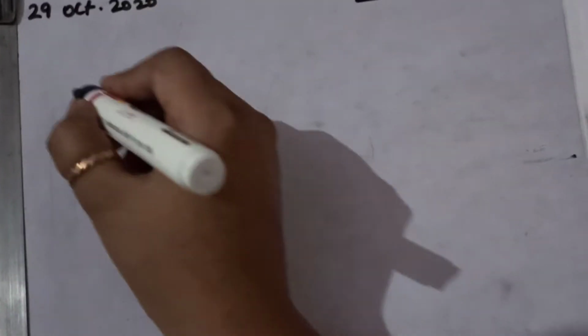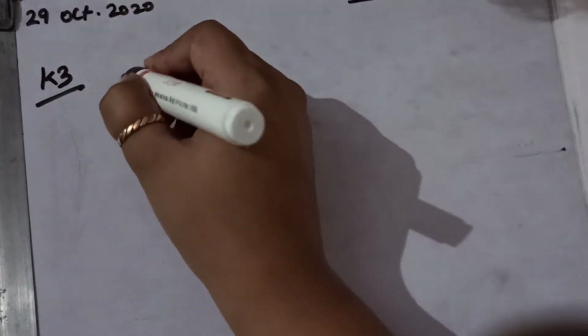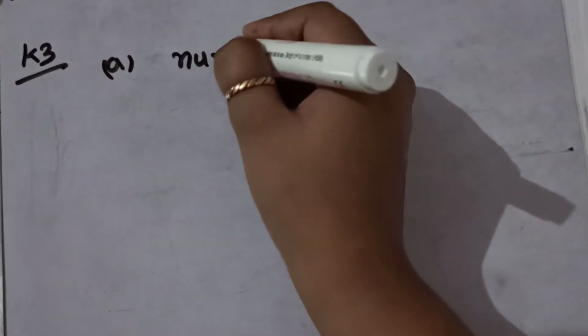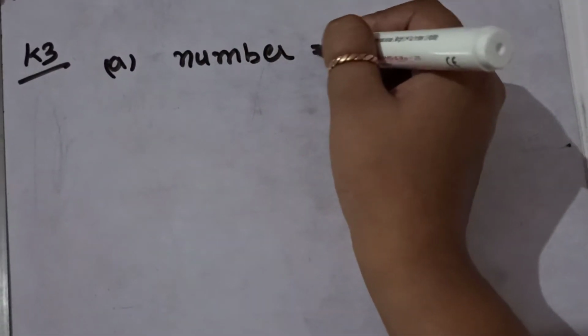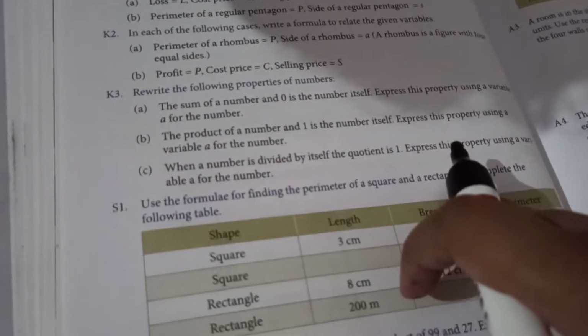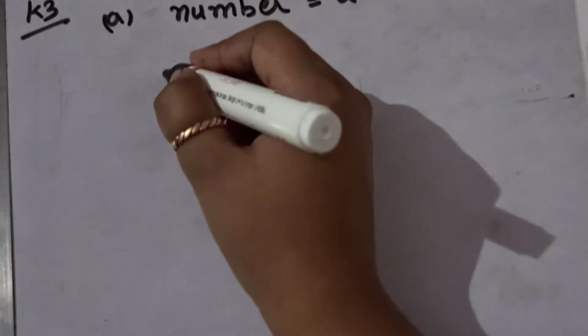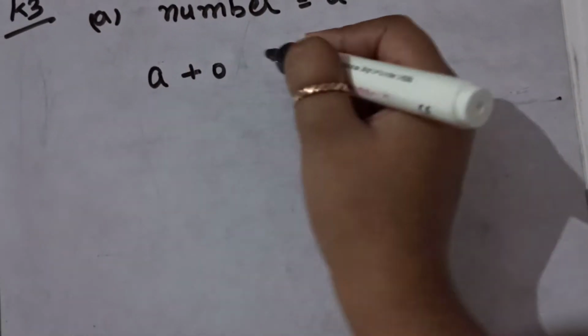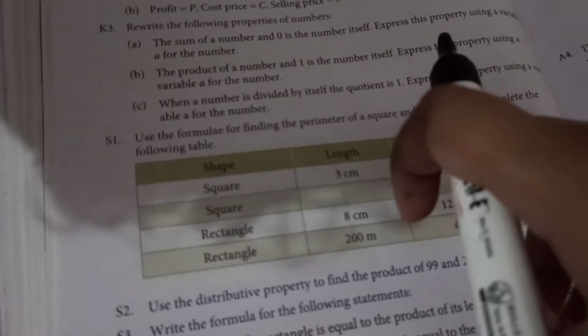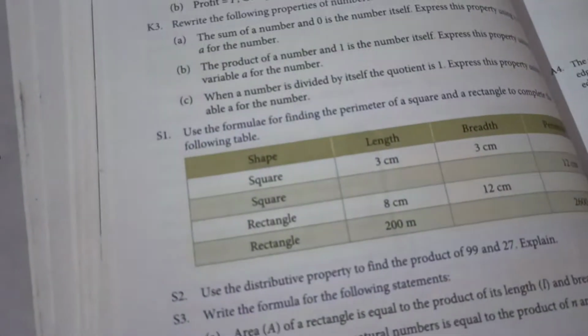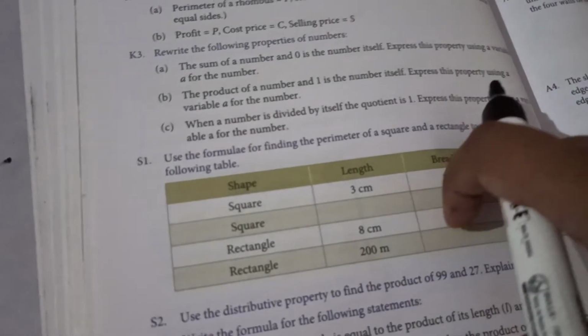In this, for number we use a. So you can write it like this. A part, a plus 0 equals a, as the property says, the sum of a number and 0 means number plus 0 equals the number itself. So clear?